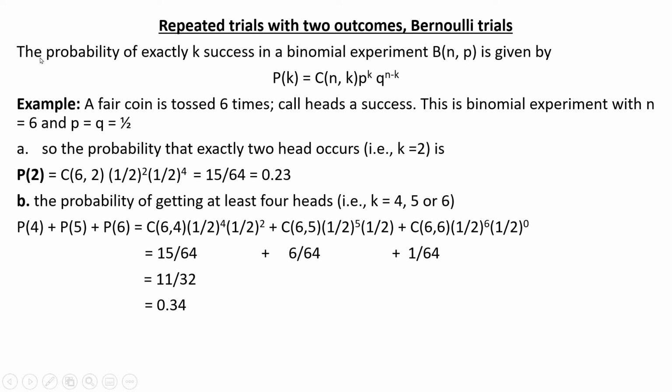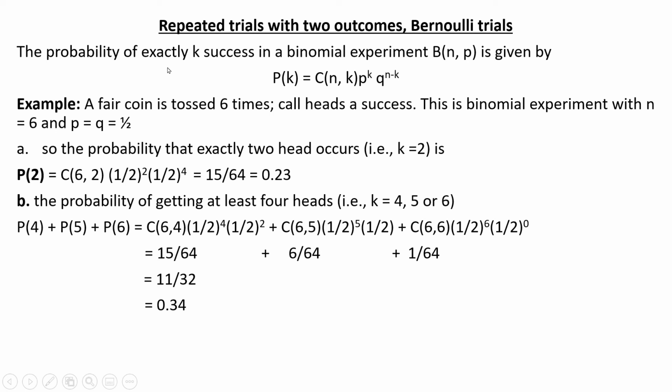Then the probability of exactly k successes in a binomial experiment of n trials with probability p of success is given by this formula. Probability of k would be this. This is a combination, also called the binomial coefficient, times p to the k times q to the n minus k.